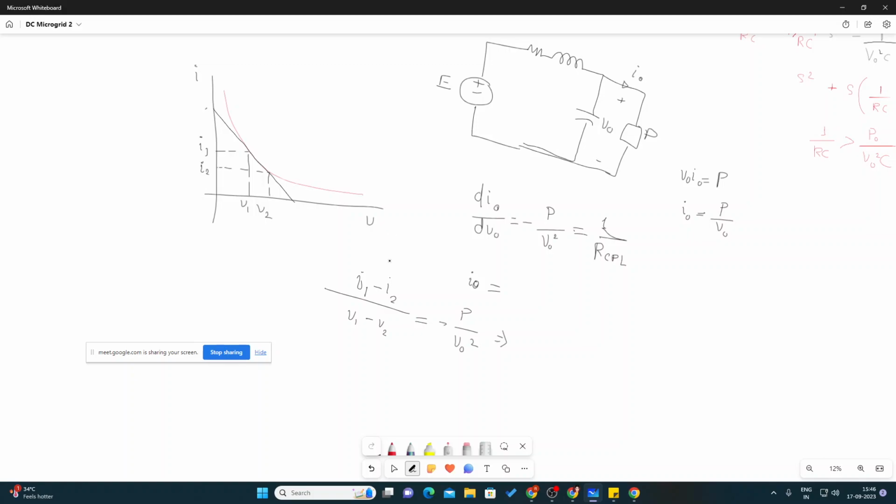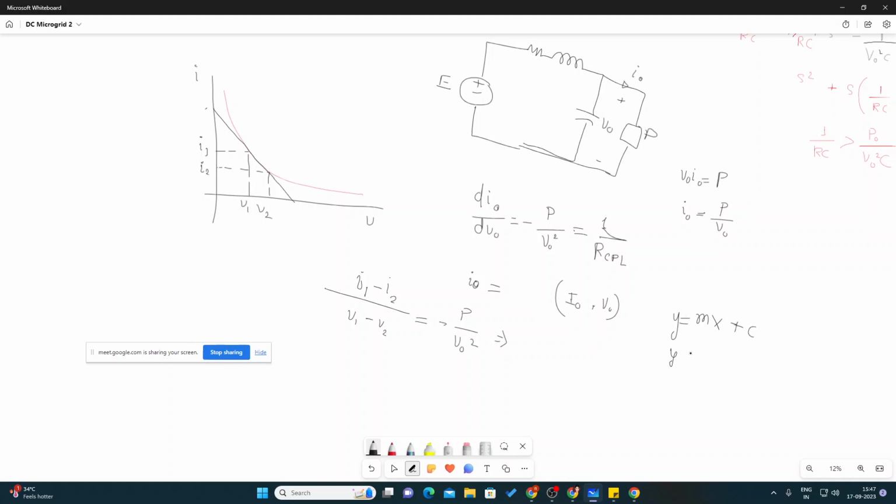Now this is okay, but what I need to find out is, oh, I have it. So one point I have is I naught and V naught, right? I naught comma V naught. This is a point on the straight line. So y equals mx plus c is my straight line.